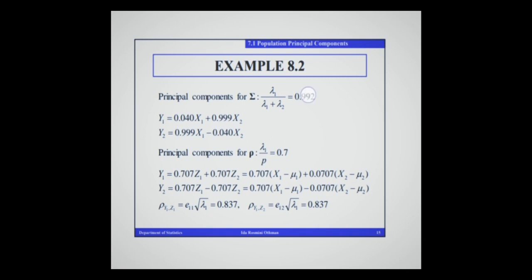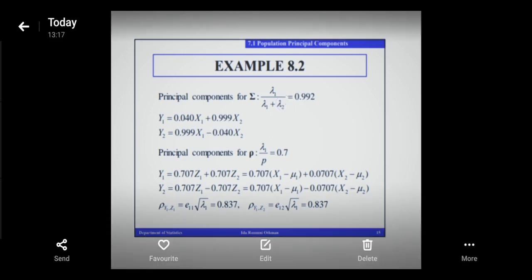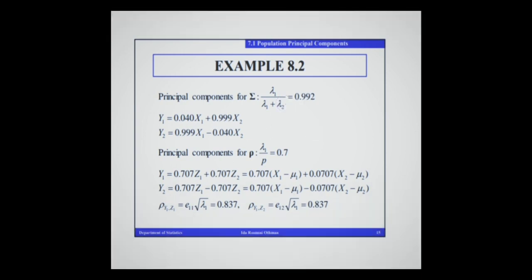So the first principal component alone cannot contribute enough to replace all the variables. So maybe we can try lambda 1 plus lambda 2. But in this case, if there are only two principal components, if you do lambda 1 plus lambda 2, you will get 1. Okay, let's say if you have 3 principal components.